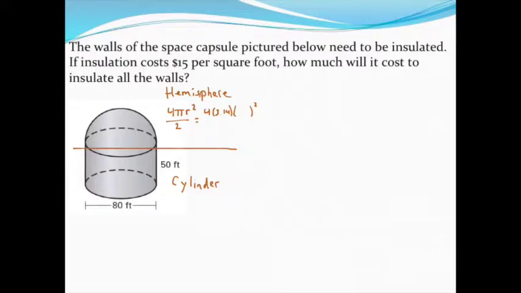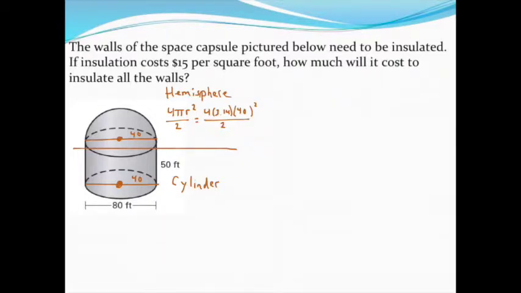But notice along the bottom they've said from side to side all the way across is 80 feet, which means the diameter of that cylinder and the diameter of that hemisphere are the same thing, both 80, meaning the radius of each one is 40. So the radius of my hemisphere along the top is 40, and like we discussed, it's only half of a sphere, so I'm going to divide that answer by 2.